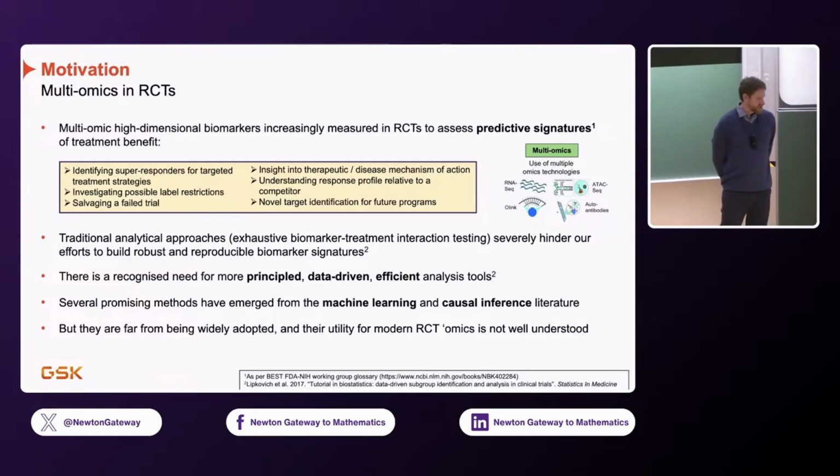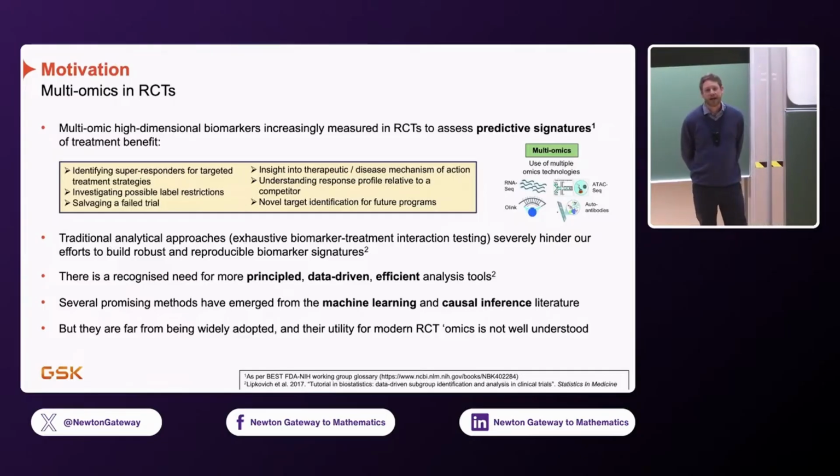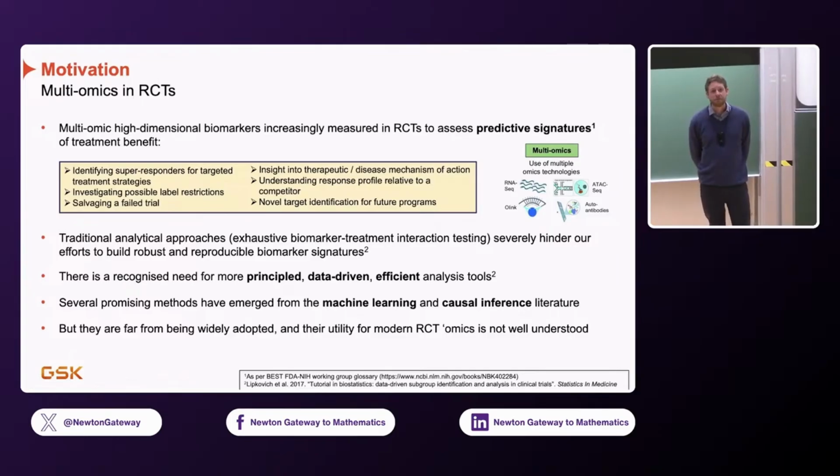So statistically speaking, to identify a biomarker that is predictive of treatment effect, we're talking about an interaction test, a statistical test of the biomarker treatment allocation interaction.